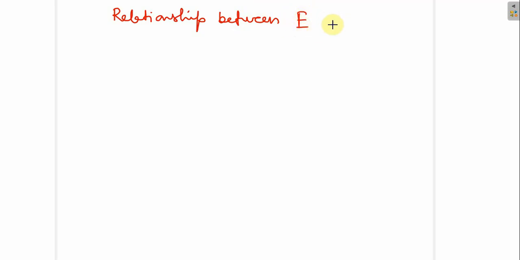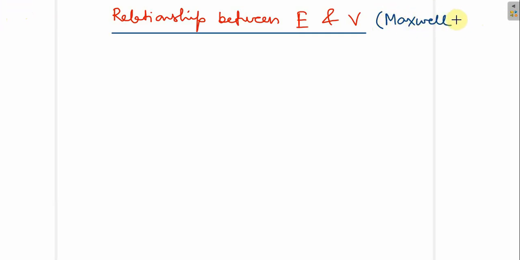E is the electric field intensity, and V is the electric potential. So the relationship between E and V is another Maxwell equation. In EMT you will come across many Maxwell equations. So this is one of them.